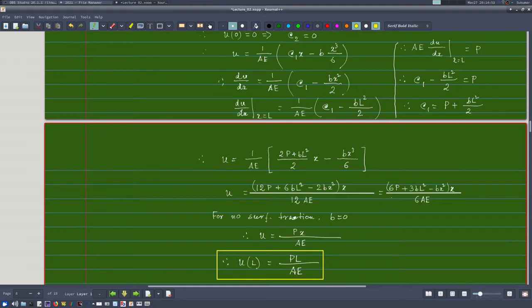By exact analysis, by integrating the actual differential equation, we got the true solution, which is a cubic polynomial in x.